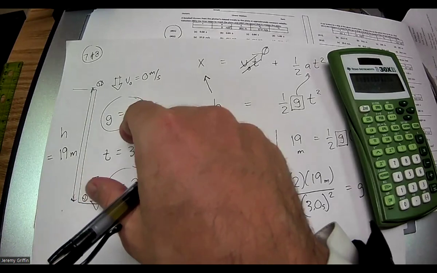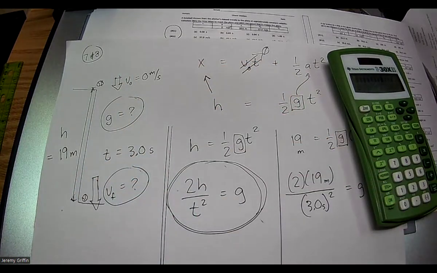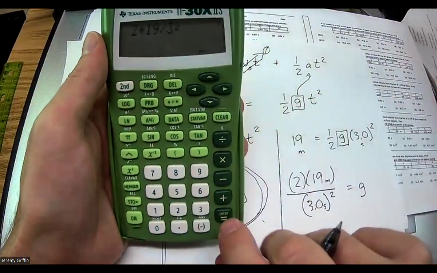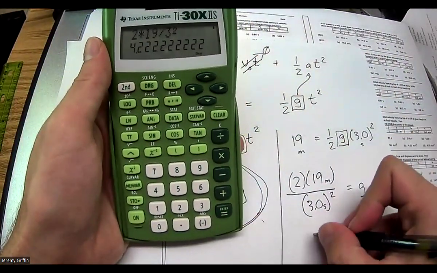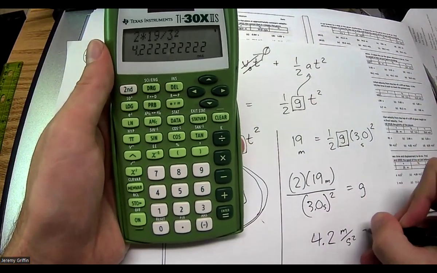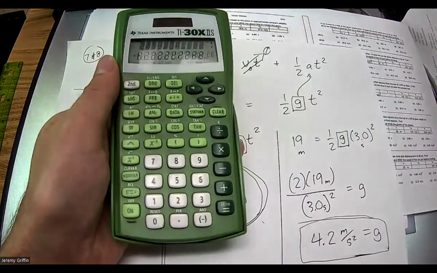If it only falls a short distance in some time, do I have a really strong or a really weak gravity field? It must be really weak, which means it must be less than 10 meters per second squared. So I hope this number reflects that. It does. 4.2 meters per second squared is the gravity field on my alien planet. All right, guys got that?